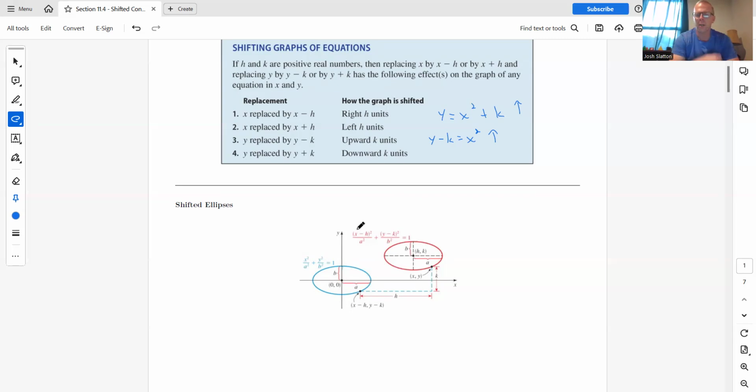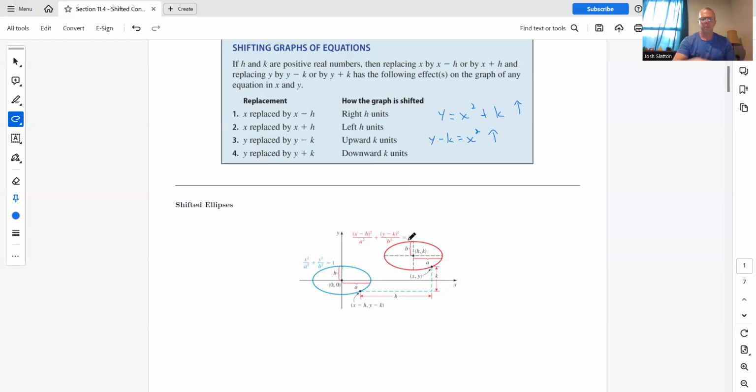Then in the numerators, we're going to have x minus h squared and then y minus k squared. The a squared and the b squared are going to be the same. That doesn't change, because those are just numbers anyway, so you can't really do anything with those. We're really just talking about moving this. We're not expanding this or stretching it in any way. We're simply moving it from the origin to some other point.